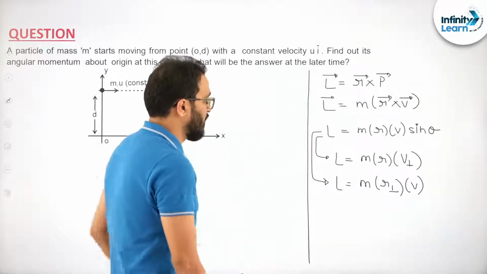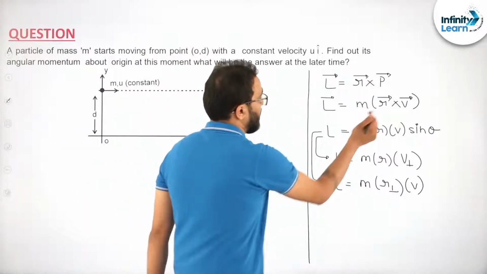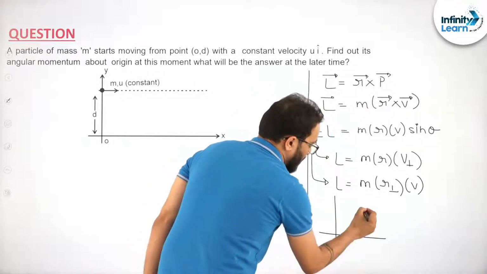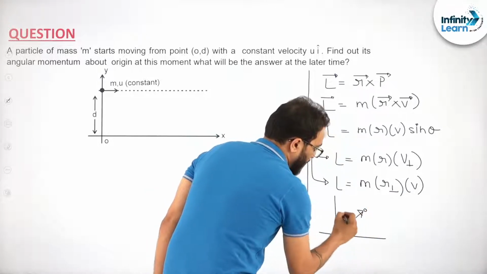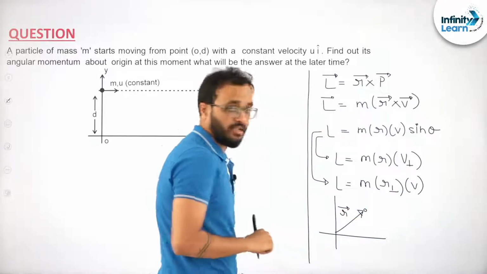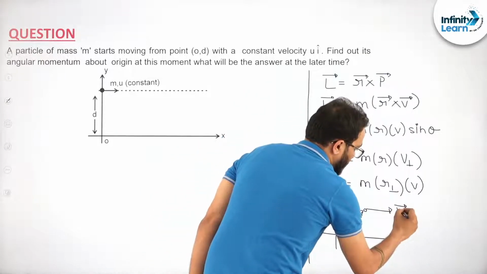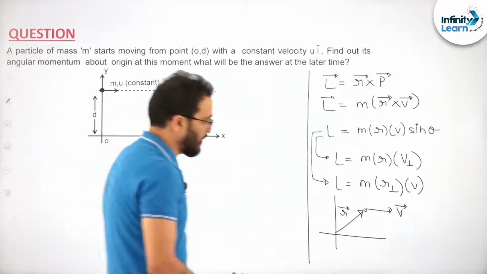Okay, both ways. So what we are doing here, sometimes, let me take it here. Suppose this is a particle, and this is vector r, and let's say this is velocity, vector v. Now what we can do is break velocity into two components.